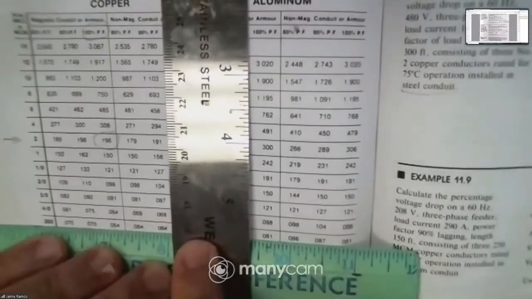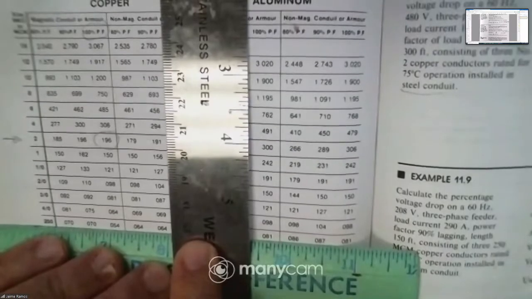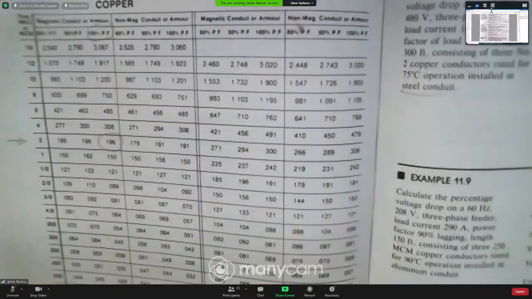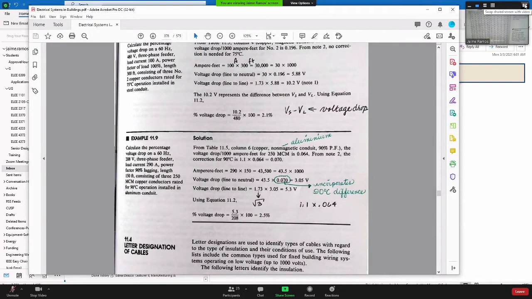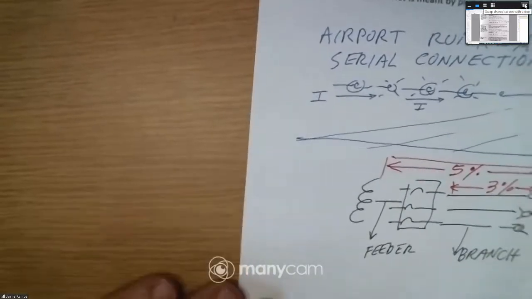So then that gets multiplied by the amount of 1,000 ampere-feet. 3 volts. Multiply by square root of 3, 5 volts. 5 divided by 208, 2.5%. So it's good. Okay. So that's the case for voltage drop.